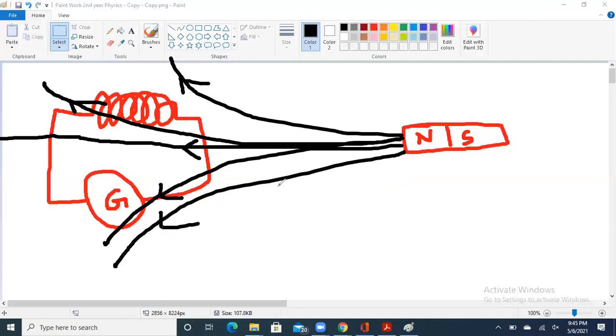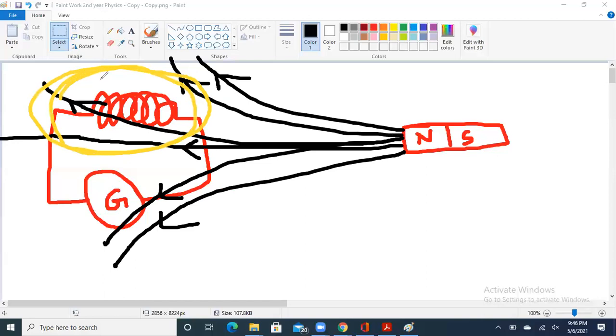So you can see here that in this situation, they are at more distance from each other. So you can see that only one magnetic line of force is passing through this coil.